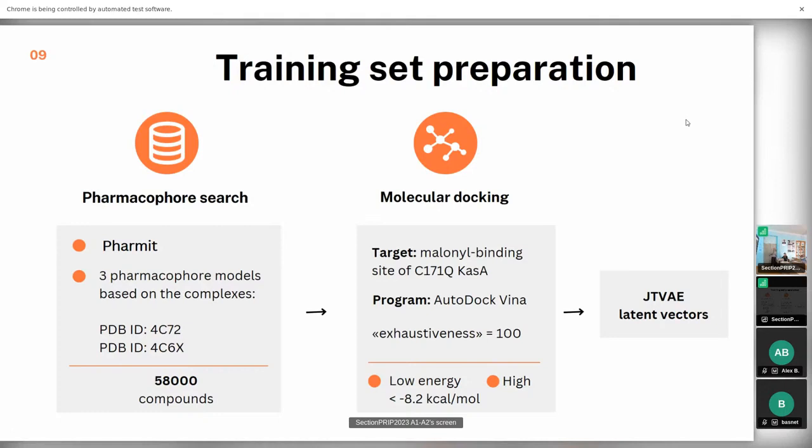They are known inhibitors of KasA. Then we carried out molecular docking to obtain the energy and the energy class. After that, we fed all these compounds into the junction tree VAE to obtain the latent vectors of the compounds.